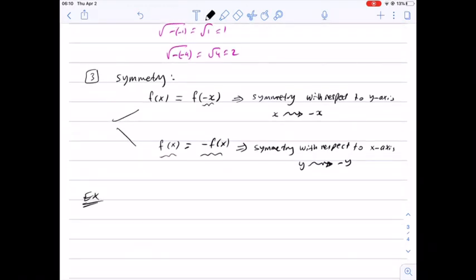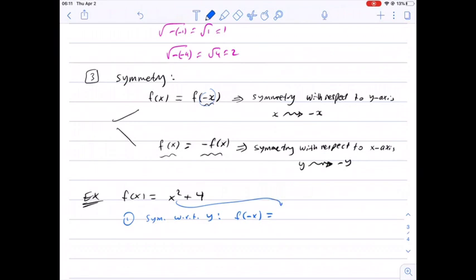So let's take an example. If f of x equals x squared plus 4, and I ask you to determine whether there is symmetry with respect to x or symmetry with respect to y. Let's start with symmetry with respect to y. That means we need to change the sign of the variable into negative.